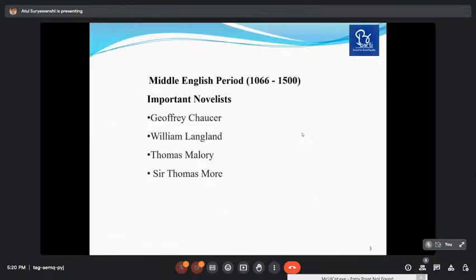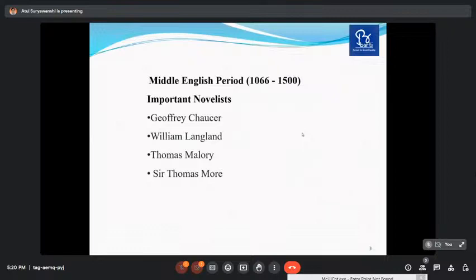I humbly want to mention the select novelists here. The prominent writer was Geoffrey Chaucer, who is widely known as the father of English poetry, and who was the inspiration of William Shakespeare himself, quite popular in literature for his Canterbury Tales, none other than Geoffrey Chaucer.